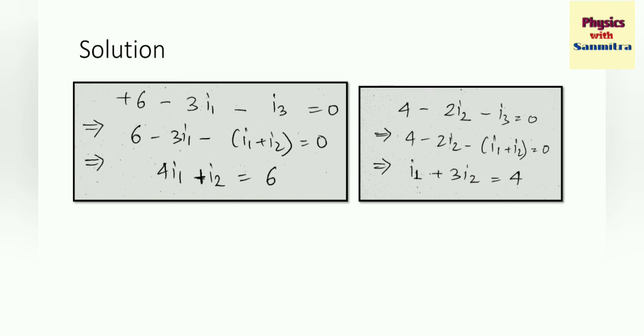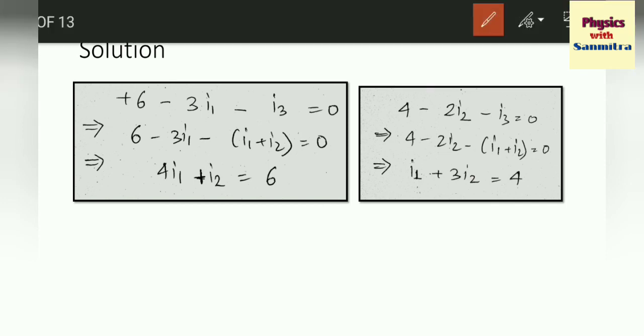Now we have two equations for the two independent variables. We can solve them, and I have already solved these two equations. You can solve by any method. The answer is i1 is equal to 14 by 11 ampere. I2 is equal to 10 by 11 ampere.